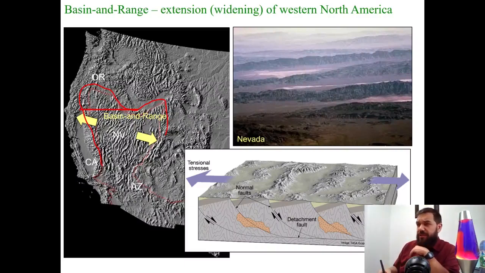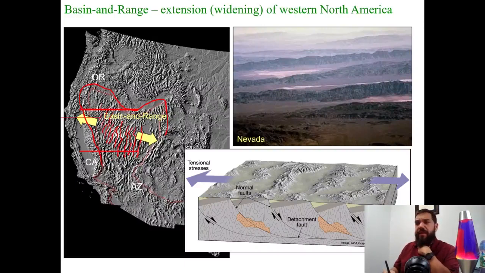I want you to pay attention to how this looks. You see how there's all these kind of wrinkles? All these wrinkles in the surface? And they're all kind of trending in the same direction, maybe a little bit northeast to southwest. So you see all those wrinkles, I hope?